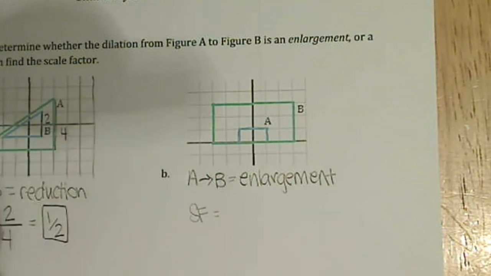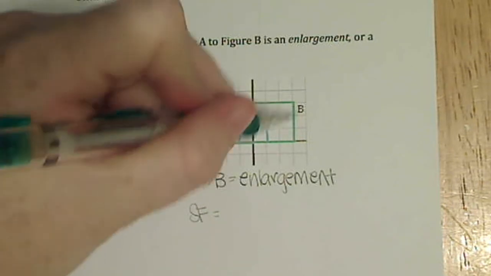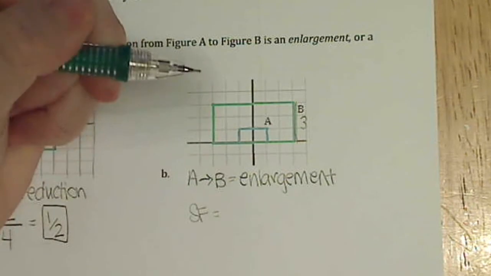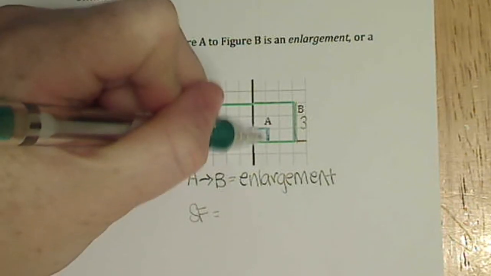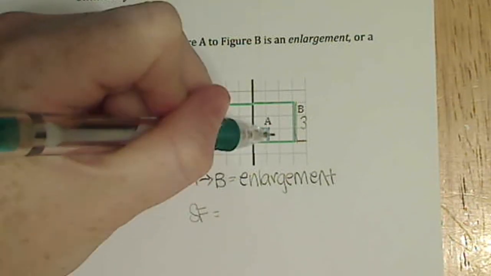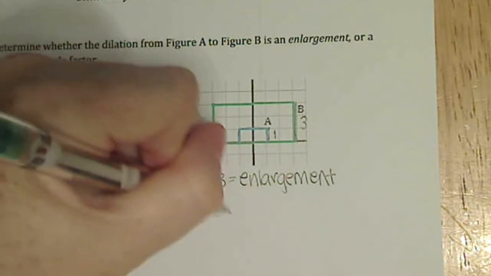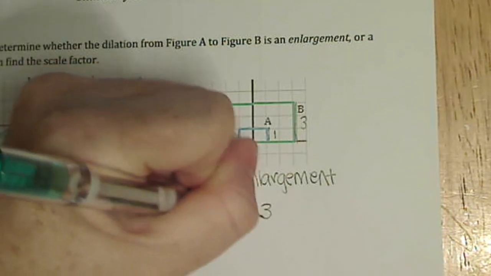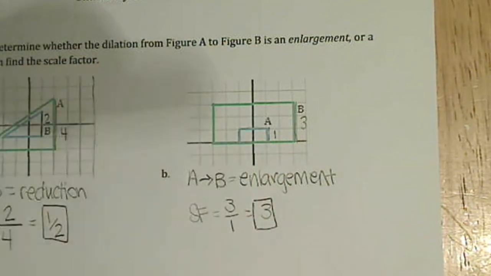So remember, it's the dilated image over the original. So I'm going to pick this side again. And this side is 3 units, whereas the original image corresponding side is only 1. So let's write it as a ratio of 3 to 1. I need to reduce that, which is 3. What that means is the green rectangle is 3 times larger.